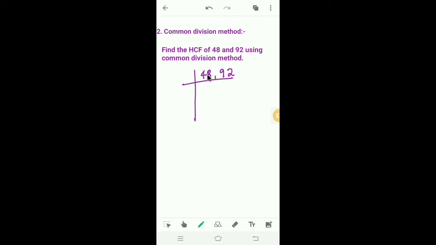Divide by the smallest common factor of the given numbers and write the quotient below their respective numbers. Here, the smallest common factor of 48 and 92 is 2, because 48 is divisible by 2 and 92 is also divisible by 2. 2 24s are 48, 2 46s are 92.